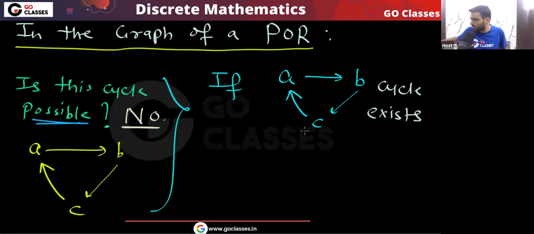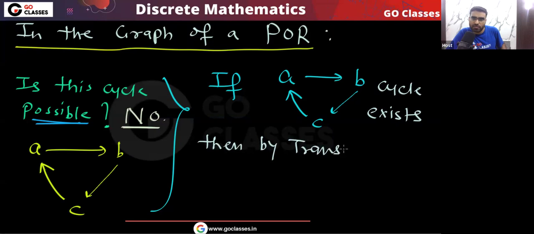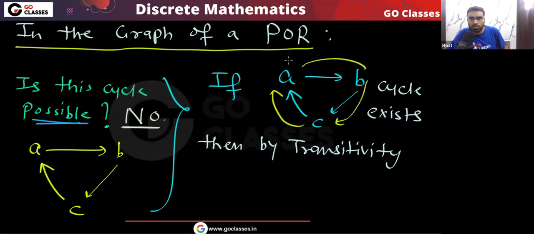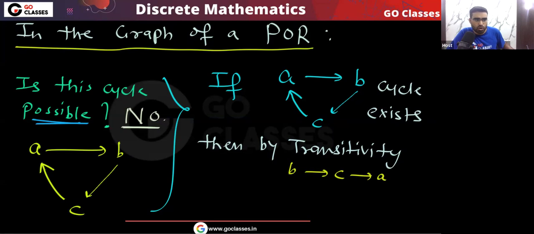If this cycle exists, then by transitivity, what should happen? What does transitivity tell you? B is related to C, C is related to A, so B must be related to A. Yes or no? By transitivity, B must be related to A.